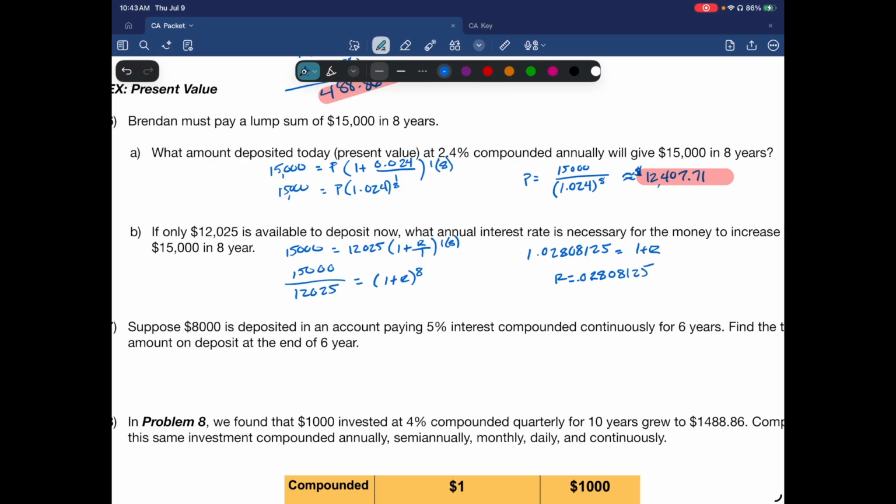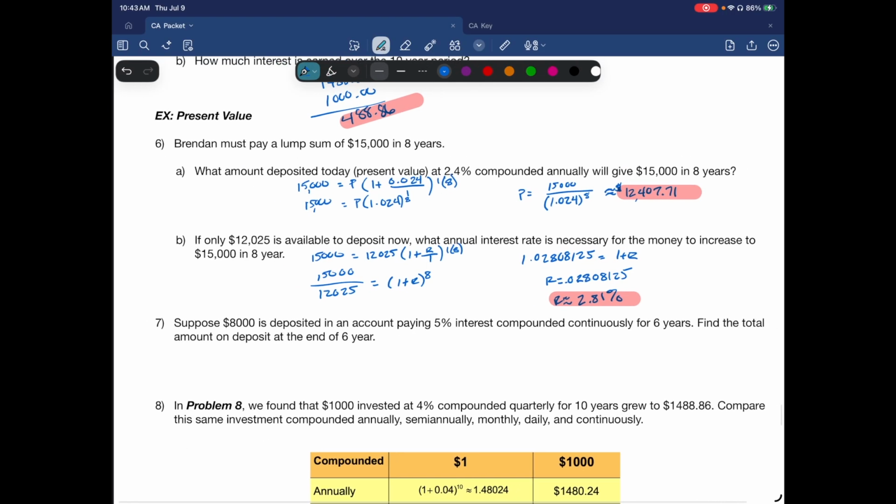All right, but our rate is usually given in percentage, so R is approximately 2.8% or 2.81% when you round. So that's how you do that one.